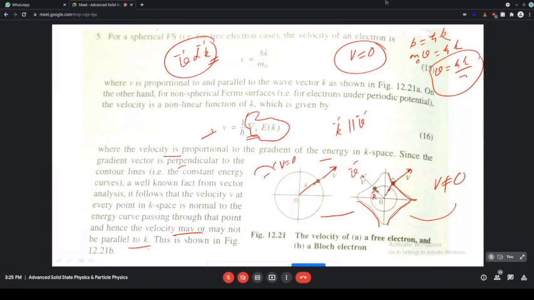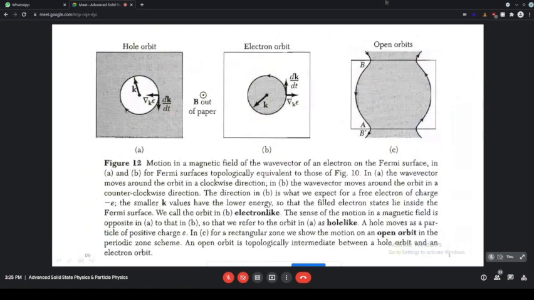Okay, it means, let us consider, suppose this is a whole orbit. Here the electron is moving like this, clockwise. And this is the direction of k. Suppose we are applying a magnetic field perpendicular to the plane.